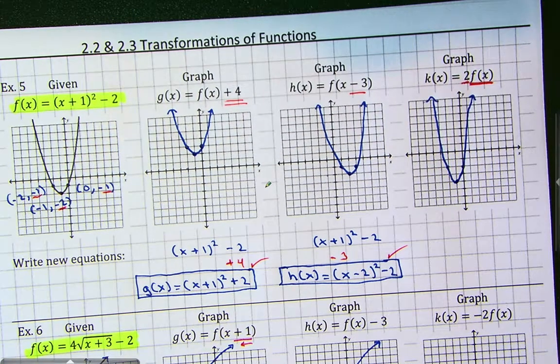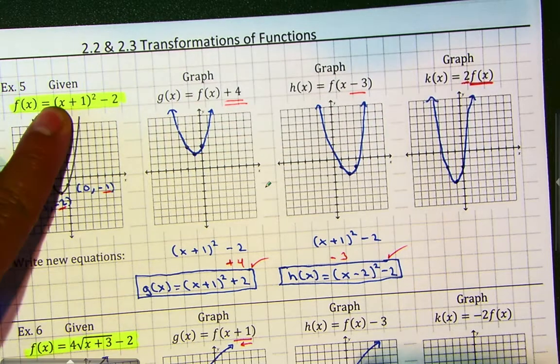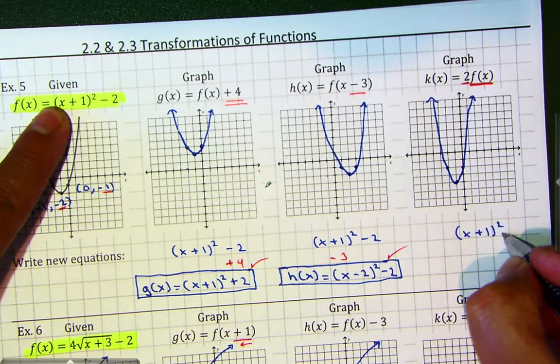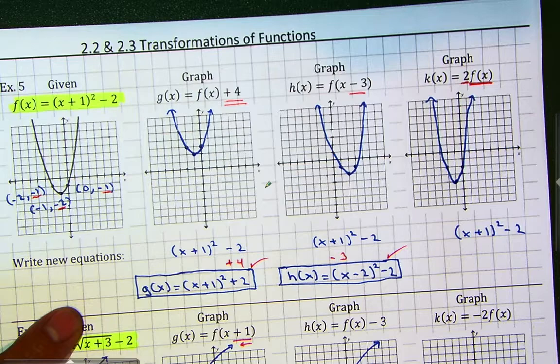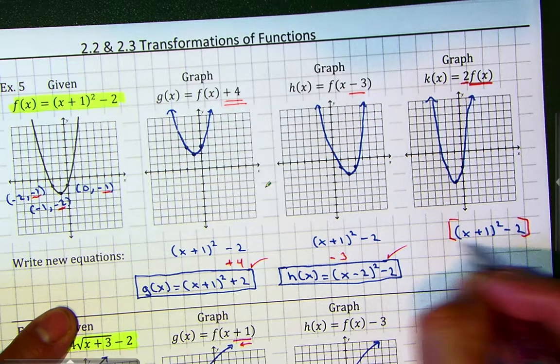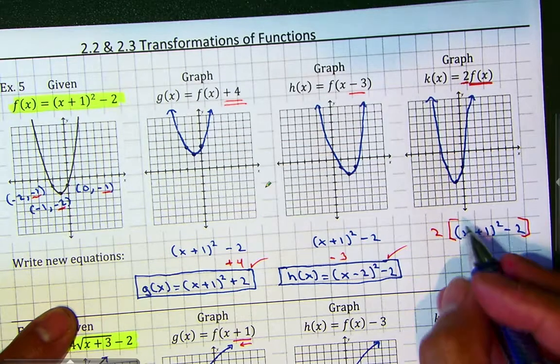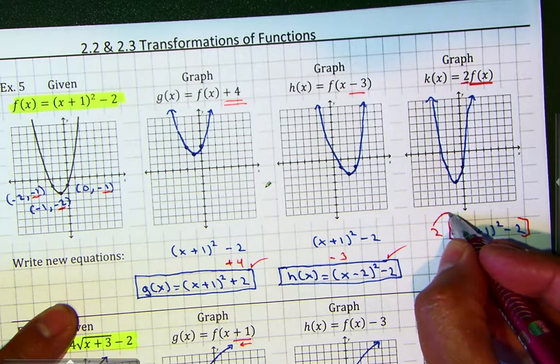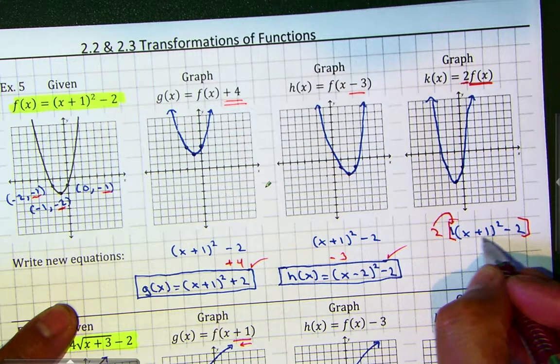And now I'm going to write down my equation. So I'm going to write down my x plus 1 squared minus 2. And that's multiplied by 2. I'm going to multiply my coefficient, which is 1, and the -2. When I multiply the 1 by 2, that's going to be taking care of this number inside.